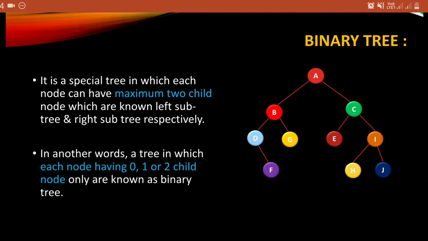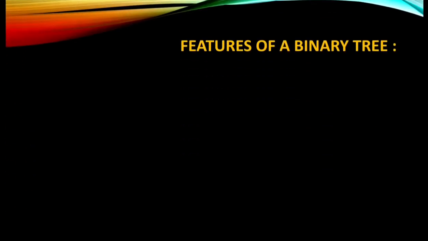Now proceeding further, features of a binary tree. Few points you have to remember about the binary tree. Number one, a binary tree is a non-linear data structure. I told you earlier also, it can grow in any format. It doesn't mean that the left subtree will be increased or the right subtree will be increased. Any order is not fixed for trees.